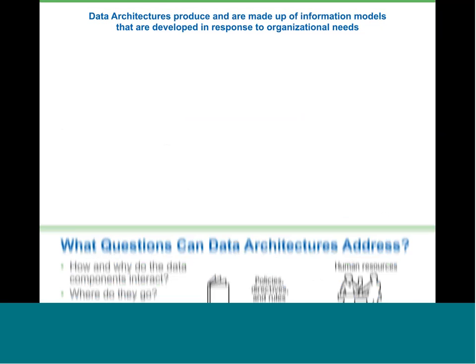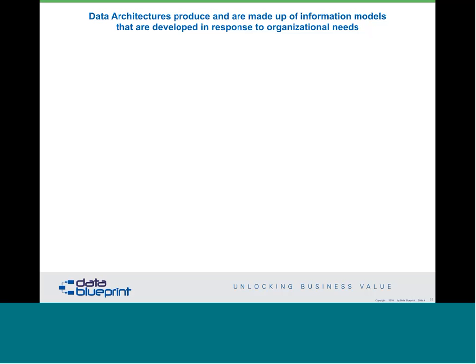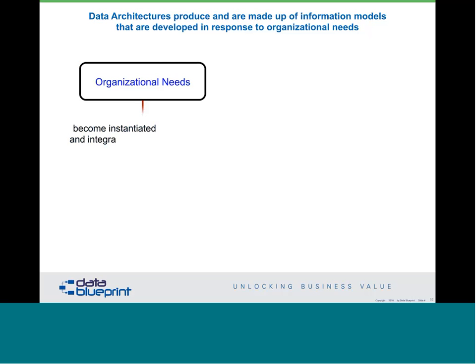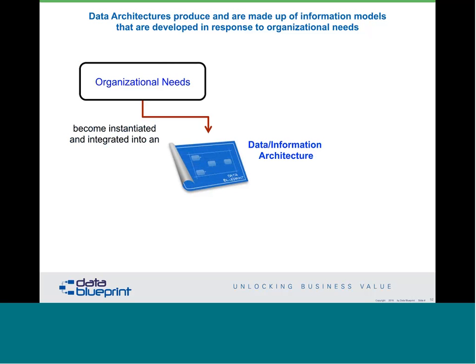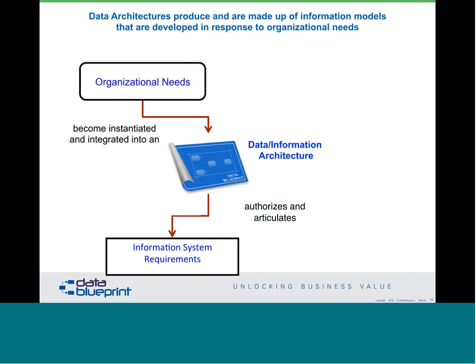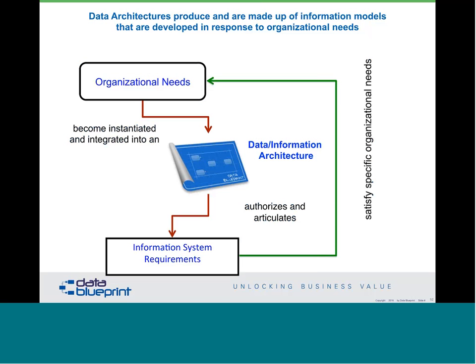Also, people think that architectural development is a one-time initiative. We start out, of course, with organizational needs that become instantiated and integrated into a data information architecture that then authorizes and articulates specific information system requirements. We need a feedback loop on there to show that we heard and can make improvements, and people think we're done.